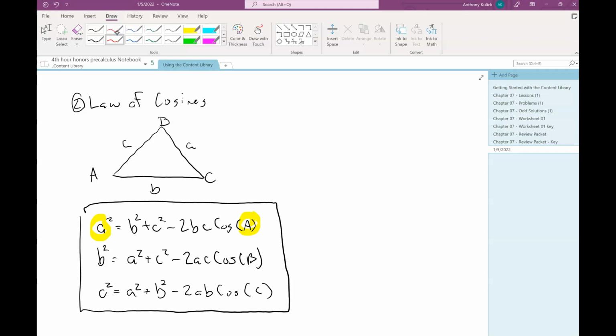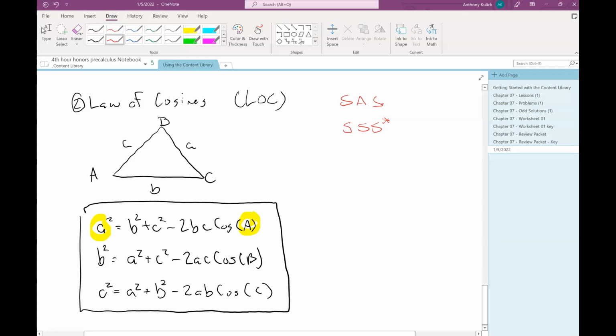So the law of cosines, again, I would abbreviate as LOC. Probably that's obvious. But we're going to use this in a side-angle-side situation and a side-side-side situation. I'm going to put a little asterisk by the side-side-side situation because there's something else that we need to do first in that situation before we jump into the law of cosines.